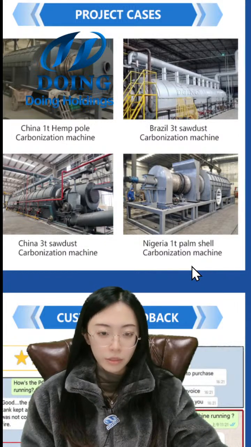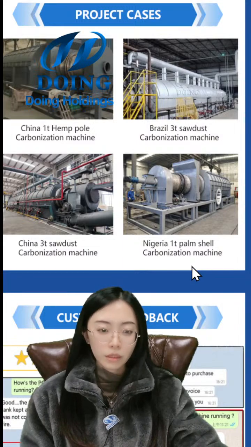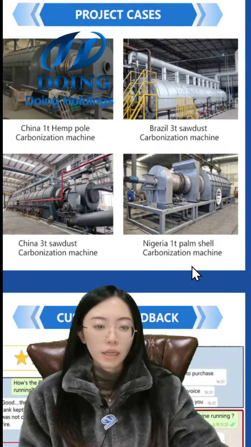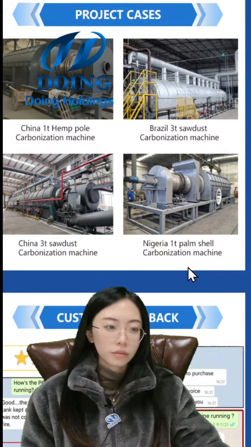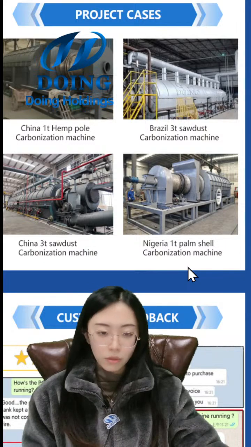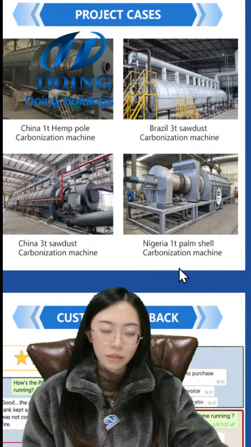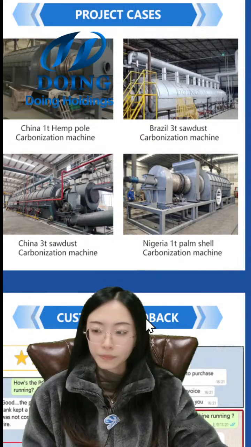So if you need to visit our client's workshop, you can ask our sales manager if in this place we have our project cases. We can take you, or if they have our engineer. In some countries where we have many customers, we set some engineers in those places. You can directly contact our engineer.